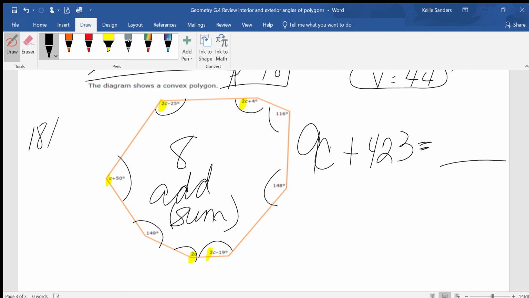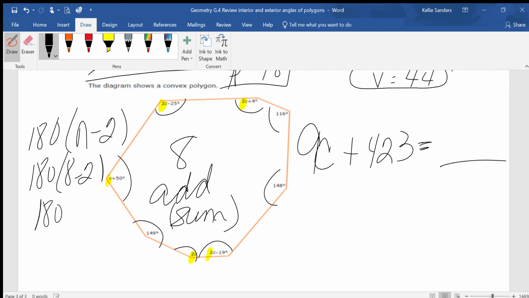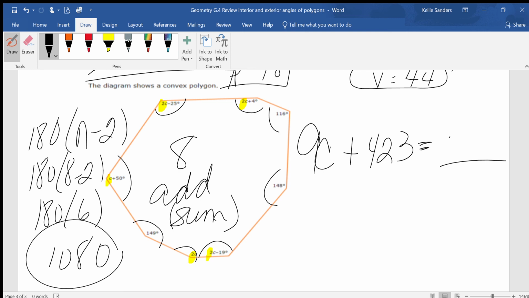So 180 times n minus 2, 180 times 8 minus 2, 180 times 6, 1080.